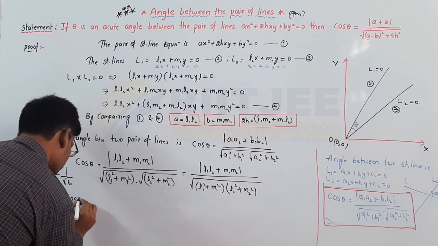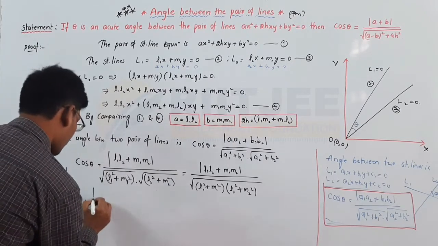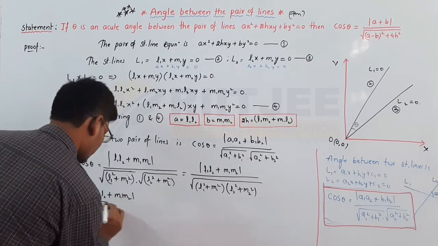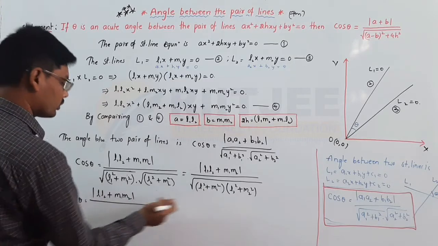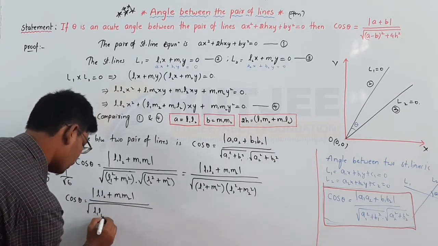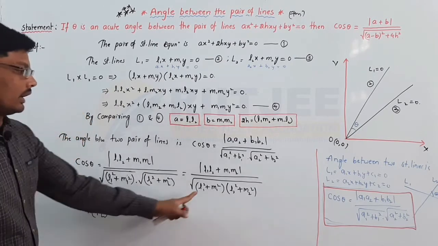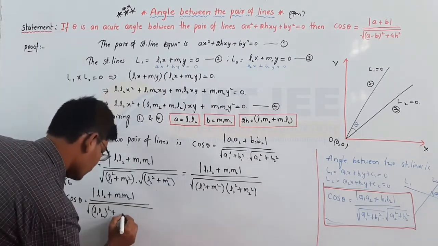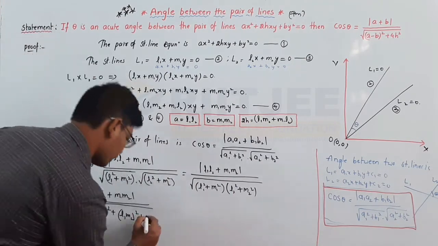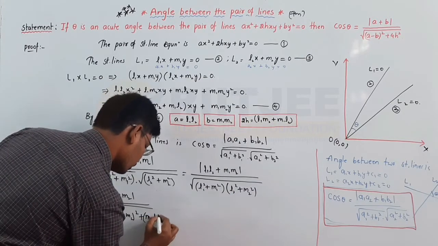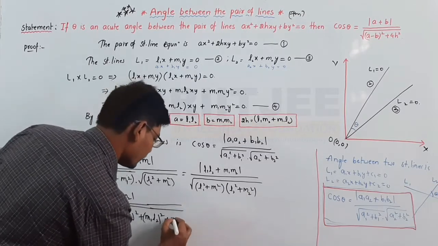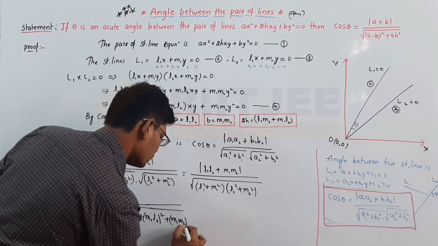Cos theta is equal to modulus of L1 L2 plus M1 M2 divided by L1 into L2 square root of L1 L2 whole square plus L1 M2 whole square plus M1 L2 whole square plus M1 M2 whole square.